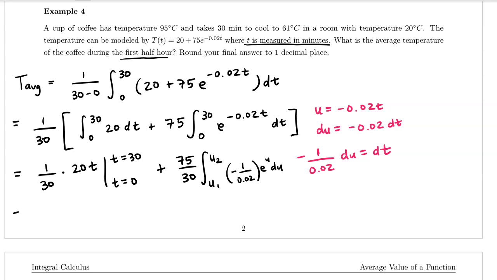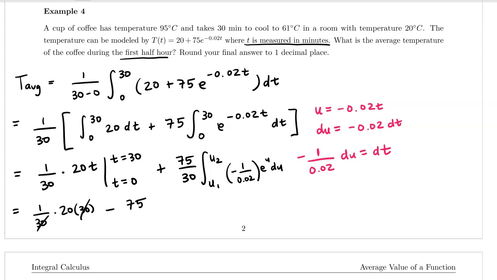And let's go ahead and evaluate this stuff. So I have 1 over 30 times 20 times 30. And then if I evaluated that at 0, that would just be 0. And these are going to cancel out. So that's just going to leave me with 20. And then I'm going to factor out my negative sign as well as my fraction.